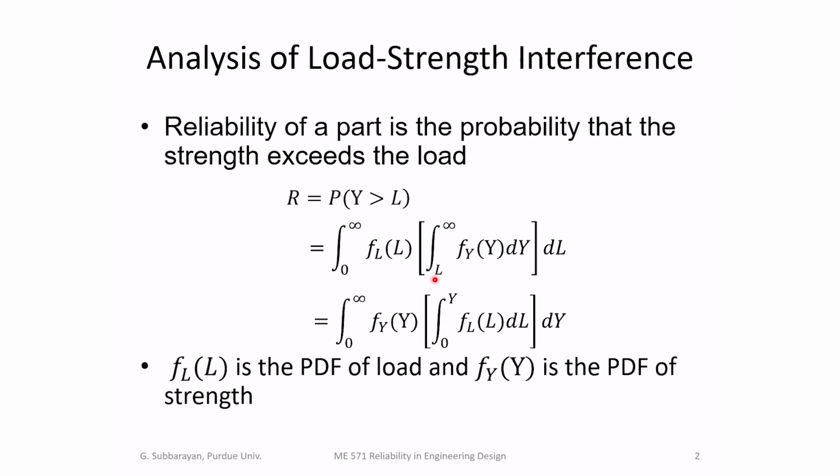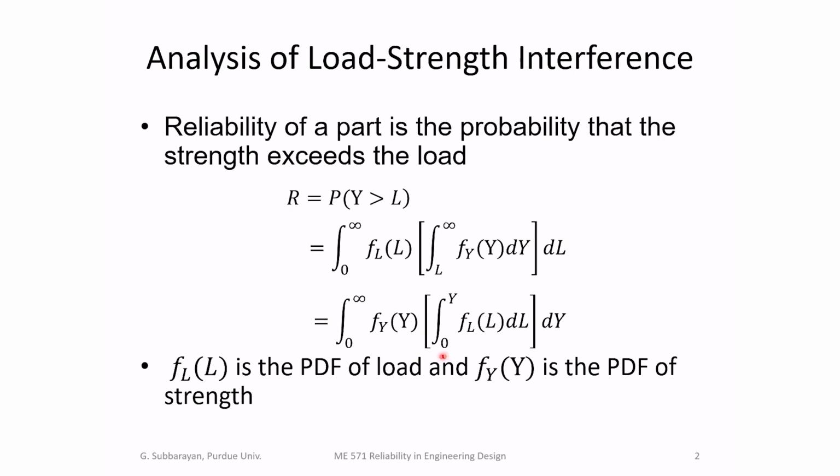You could also ask the converse question. For any given strength Y, what is the probability that load would be less than the strength Y? In the first form, given a load value, we ask what is the probability that the strength would exceed the load.